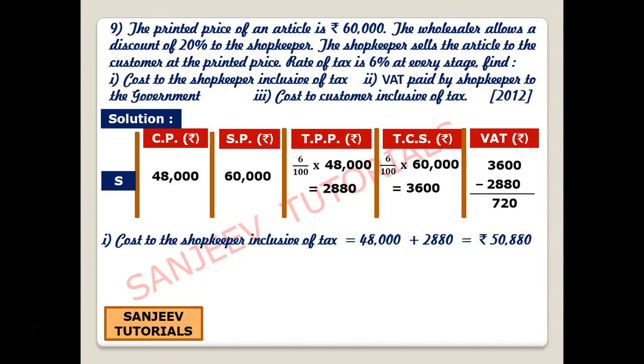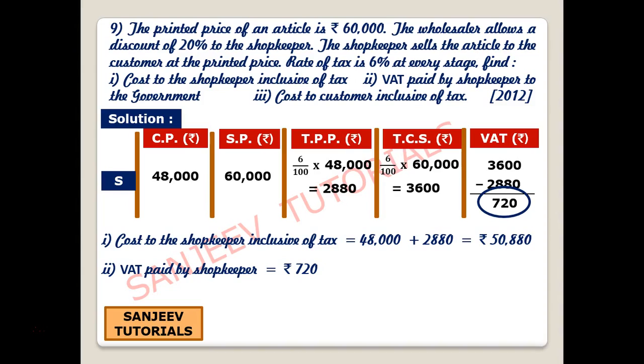Second part, VAT paid by shopkeeper to the government. This value we have already calculated in our last column of VAT, that is rupees 720. So our second part, VAT paid by shopkeeper, is rupees 720. And finally, cost to customer inclusive of tax.